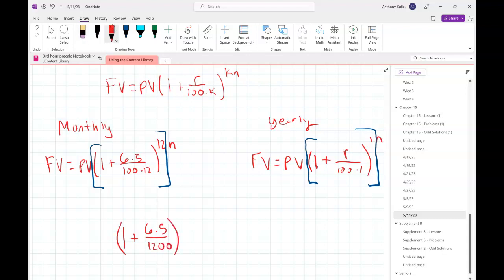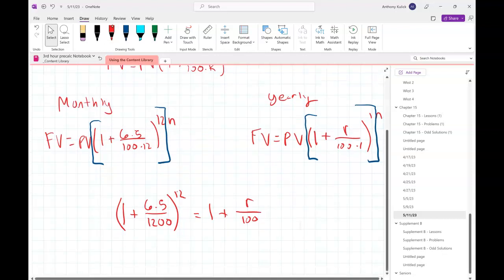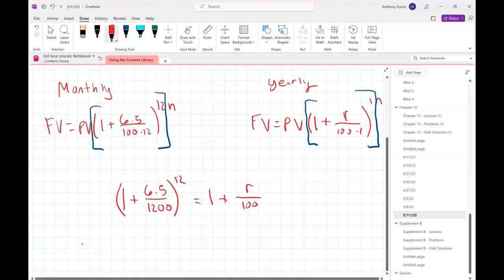I'm going to rewrite 12 times 100 as 1200. And since that's all to the first, I'm just going to drop the exponent there. So I'm going to take that, subtract 1 over, and then multiply by 100.